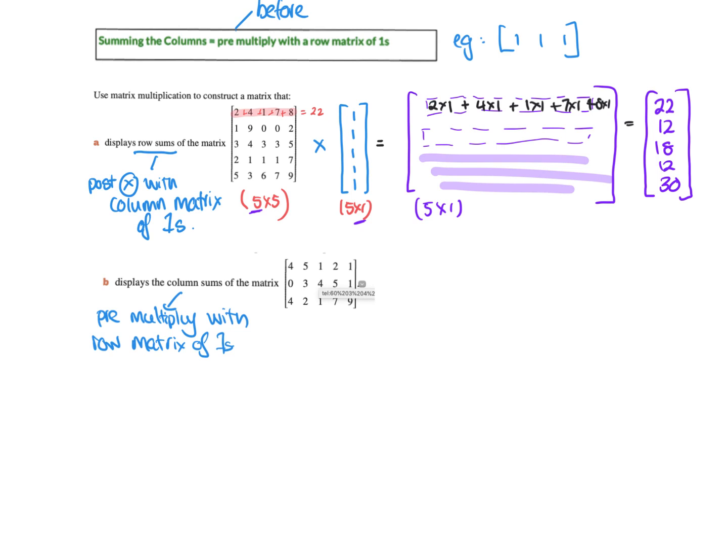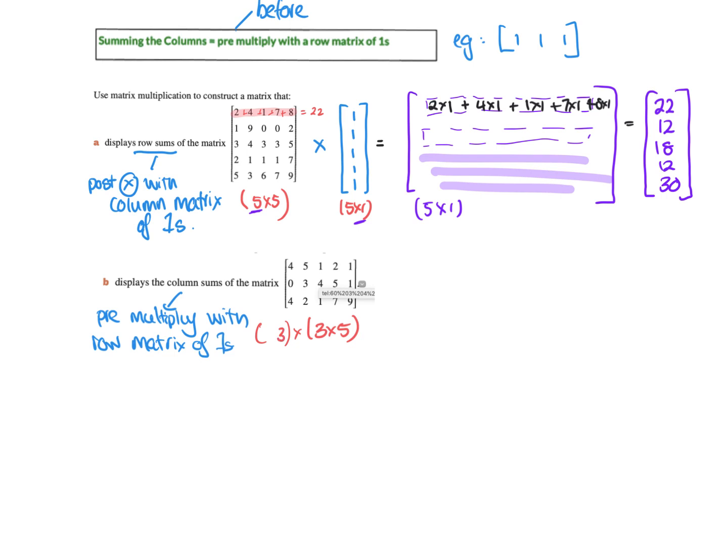So what we need to do is pre-multiply. This one is a 3 by 5. So I'm going to pre-multiply, which means I'm going to multiply a matrix in front. So if I'm multiplying it in front, this one has to have 3 columns.